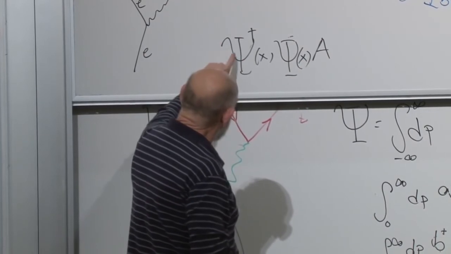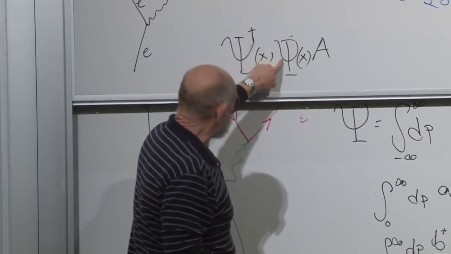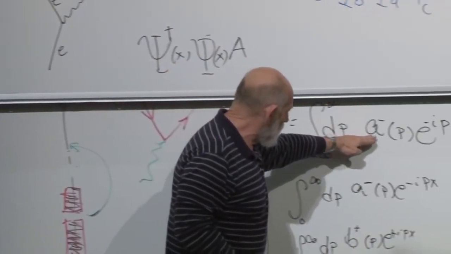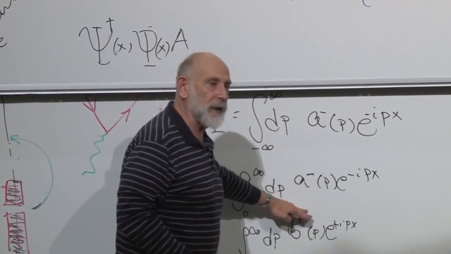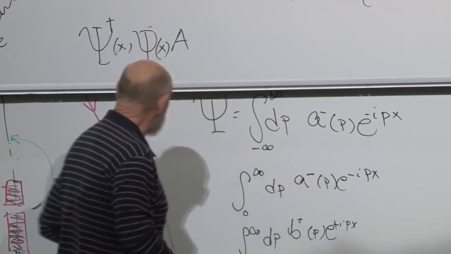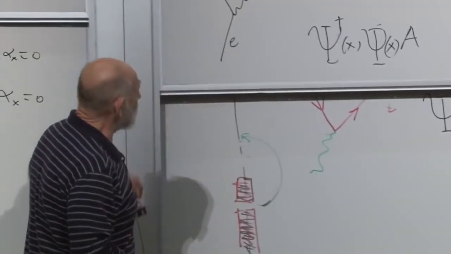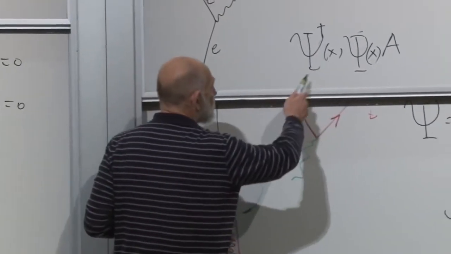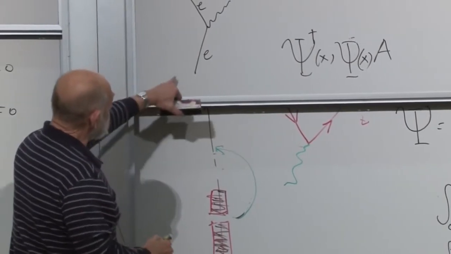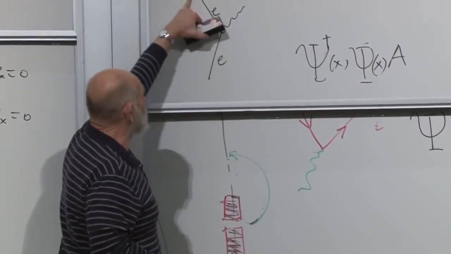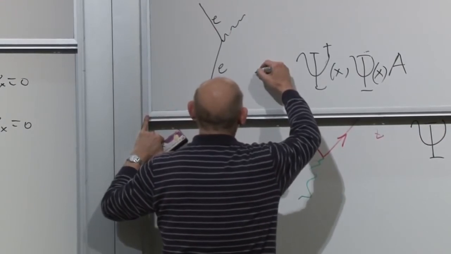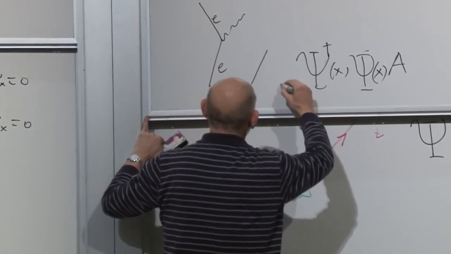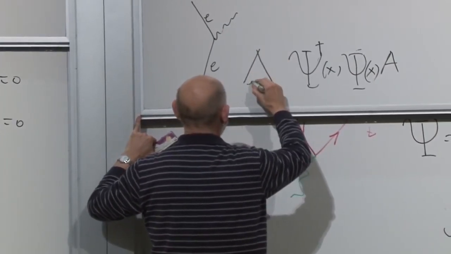But now if you put in the fact that the operators here have two pieces, one with creation operators of one kind of particle and the other annihilation operators of the other kind of particle, what you find out is that the same operator has contributions in it which are not an electron becoming an electron and a photon, but in fact, for example, an electron annihilating a positron.